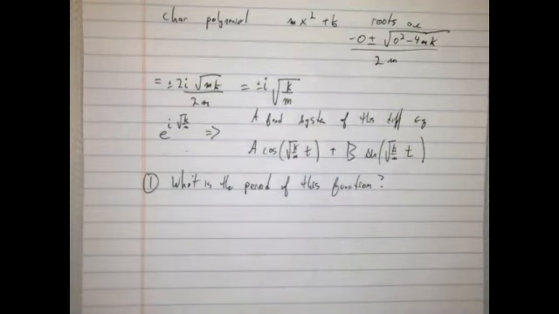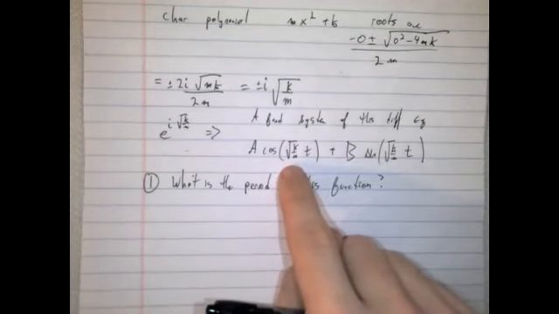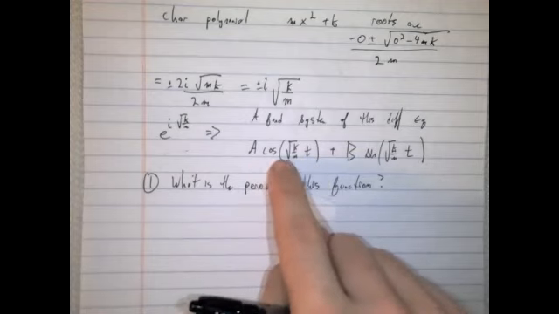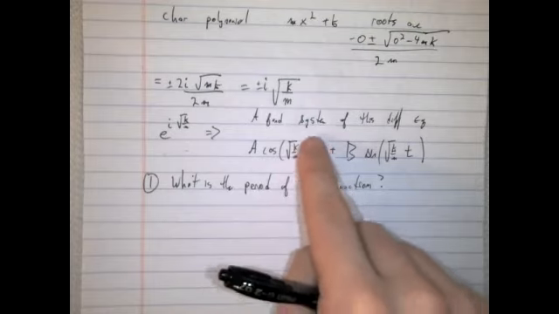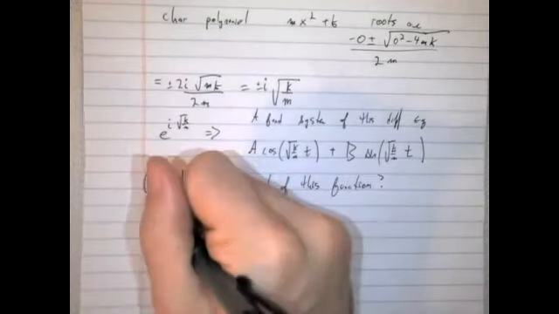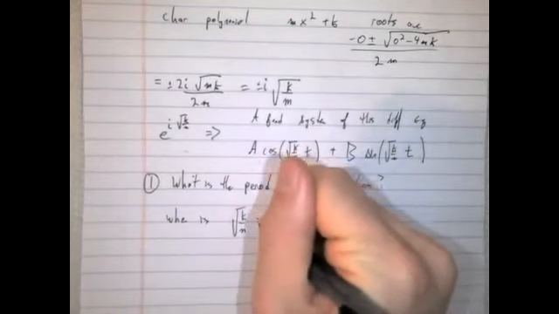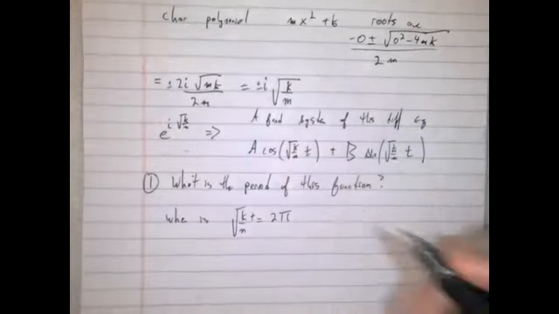Well, the period of cosine is 2 pi. So I should think about what time do I need to plug in such that I get cosine of 0, and what time should I plug in such that I get 2 pi? Or in other words, when is root k over m times t equal to 2 pi?